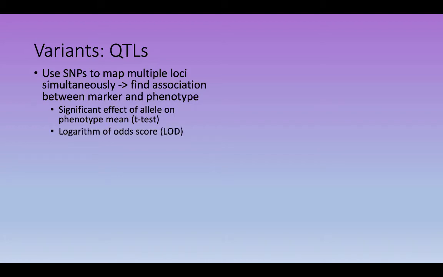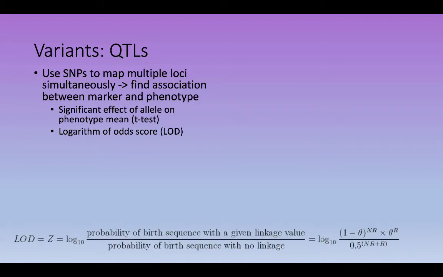To do that, we can start to use more complicated approaches, specifically an approach where we would look at something referred to as the logarithm of odds score, or the LOD. And this is an example of what the LOD equation is, right? The log of odds score here, we can see the log comes from where we're taking a log base 10 of the probability of a sequence with a given linkage value divided by that of a sequence with no linkage, right?